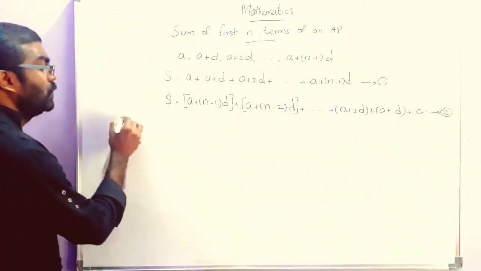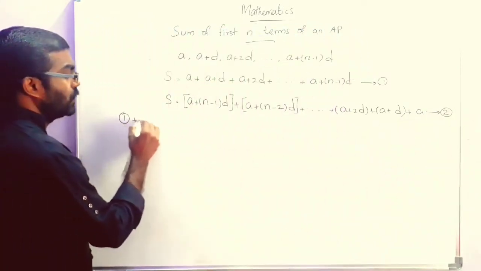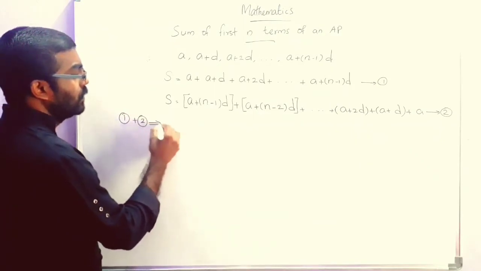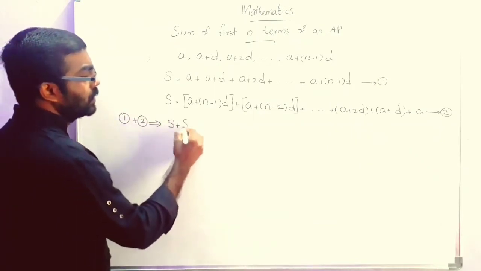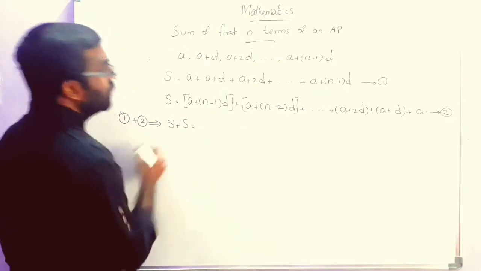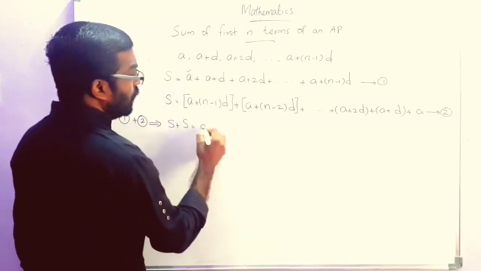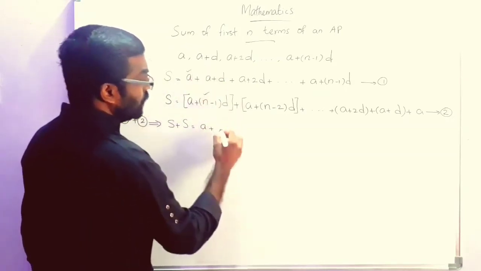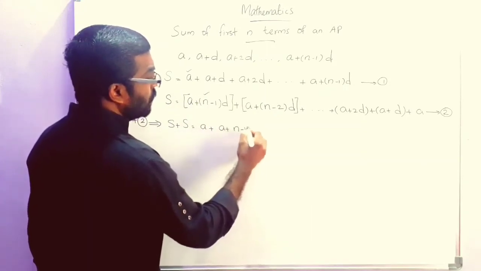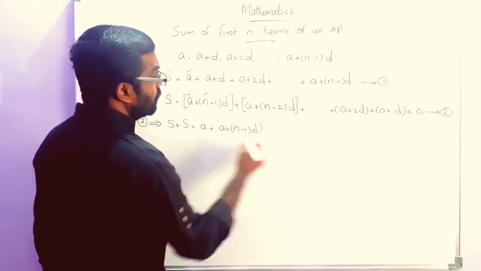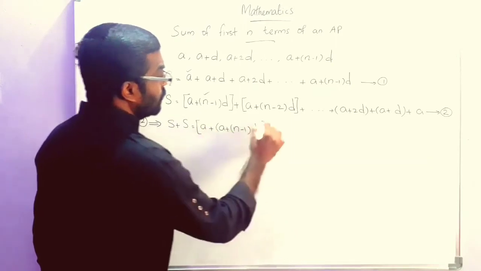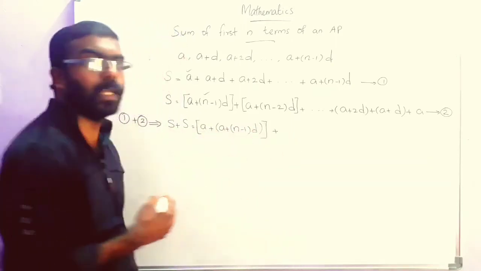Now add these two equations. Equation 1 plus 2 implies S plus S is equal to, here the first term is A plus, here the first term is A plus n minus 1 into D. Clear?